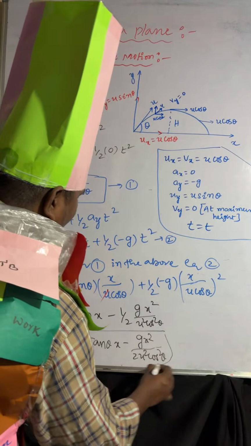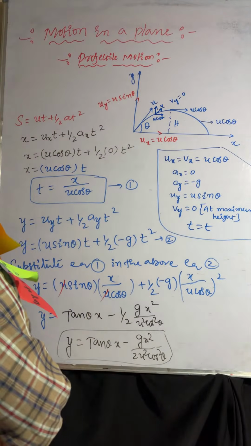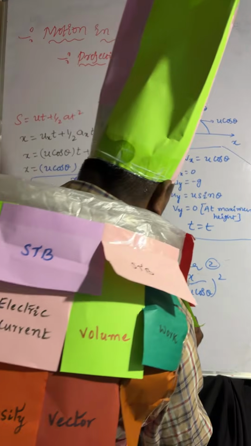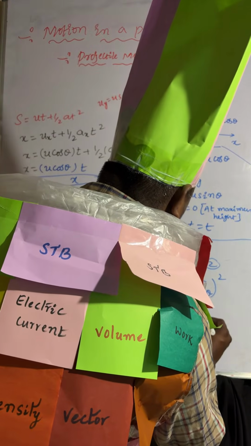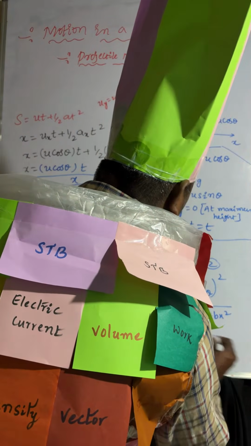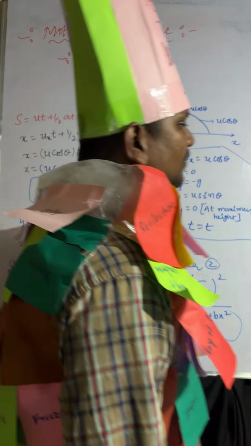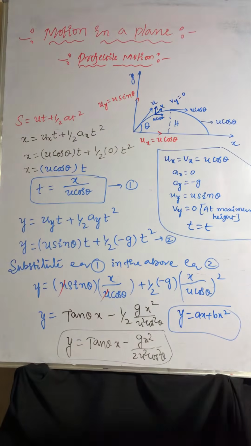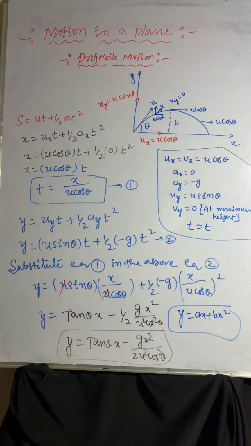This is in the form of y equals ax plus bx square. So the equation you got is in the form of a parabolic equation. Then the trajectory of a projectile is a parabola, or the path of the projectile is parabolic. I hope it is very clear. Understood? Right?